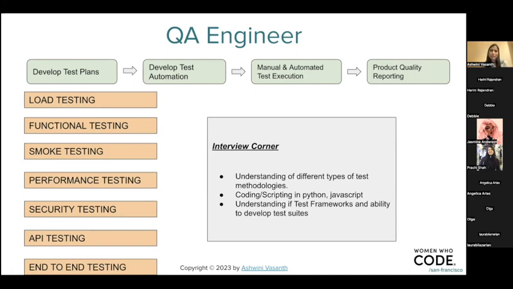Now, why is quality assurance important? You want every product to be of a certain quality by the time the customer is using it. So somebody needs to gate it and make sure that it's at a point where the customer can start using it. That's the role of a quality assurance engineer.